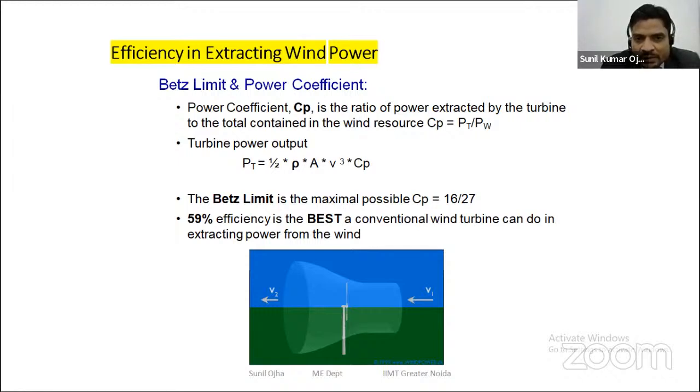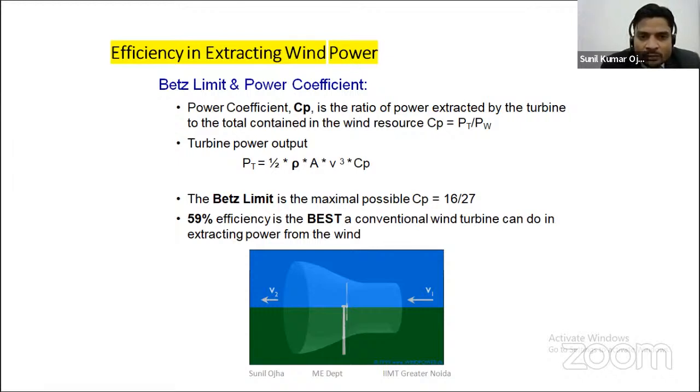The power efficiency of a wind turbine is the power coefficient Cp, the ratio of power extracted by the wind turbine to the total power contained in the wind resource. So Cp is equal to Pt upon Pw, the power of the wind turbine divided by the power of the wind.